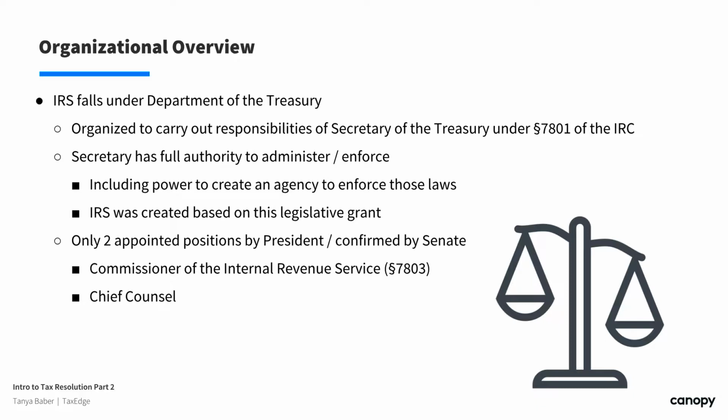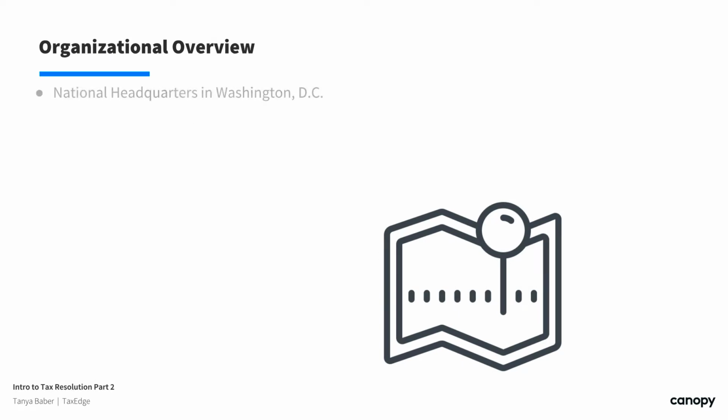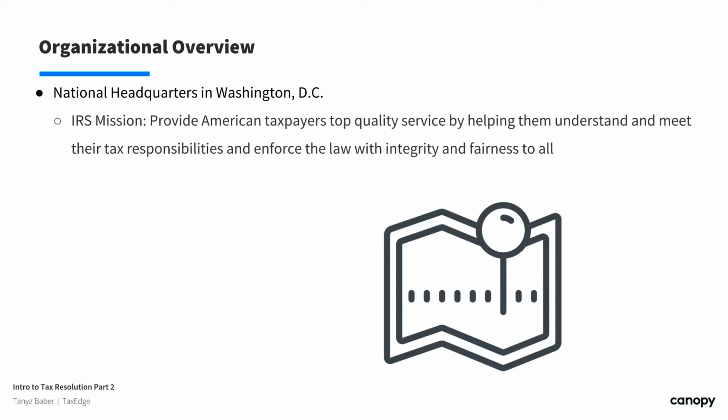And if we look at how this whole organizational structure and staffing works, what are all these different offices? That's exactly what we're going to get into next. So if we look at the national headquarters of the IRS, they are located in Washington, D.C., and I listed here what they have listed as their mission on the website.